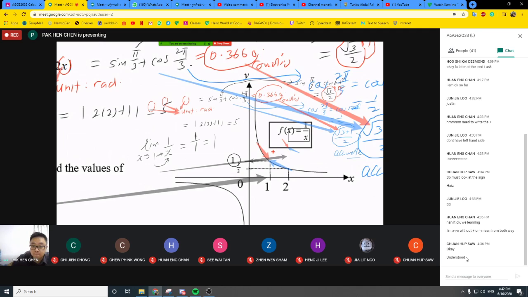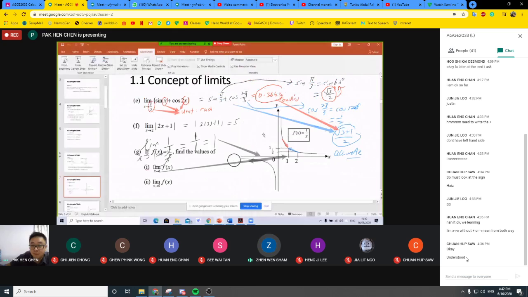Understand? Can you follow? Yes. So that is a very important concept: when we see from the graph that y is continuous at a particular point, we can just do substitution.